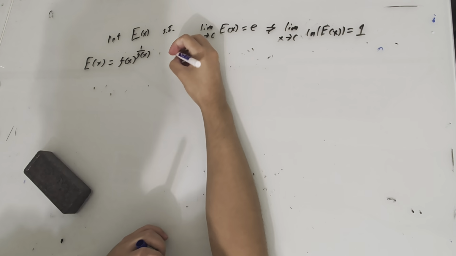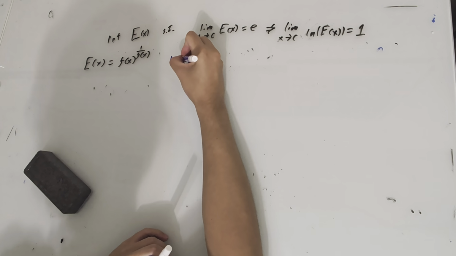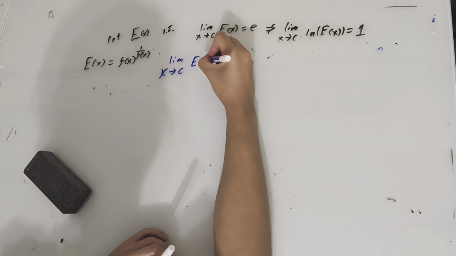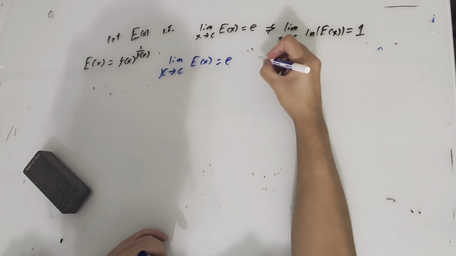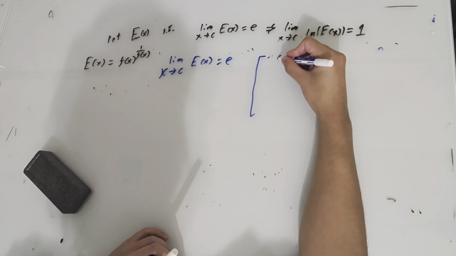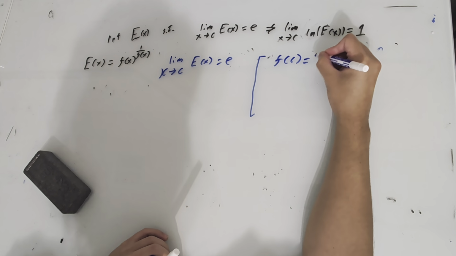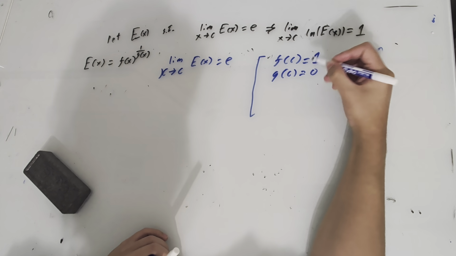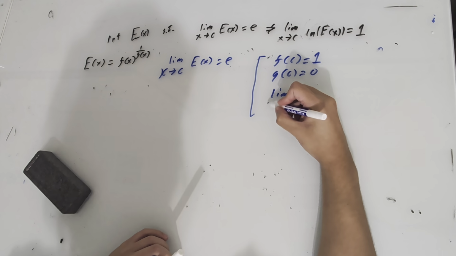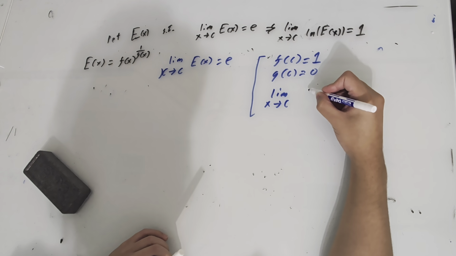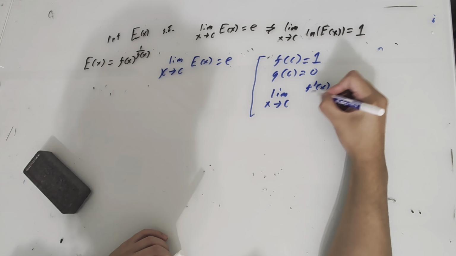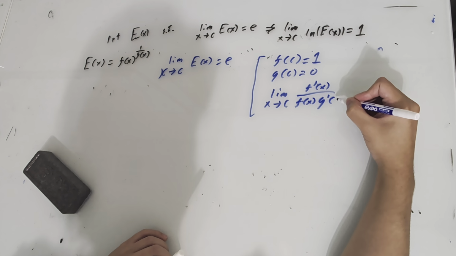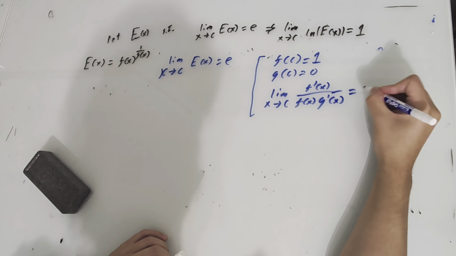And in order for this to approach the actual e, we must satisfy the following conditions. f of c equals 1, g of c equals 0, and the limit of the derivative of f over f of x times g prime of x equals 1.